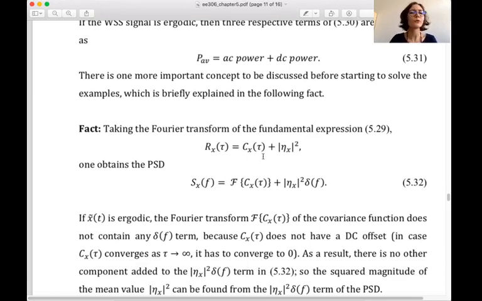The second term has some Fourier transform, the Fourier transform of Cx of tau, some function of f. And then you have this last constant term, which is going to appear as an impulse in the Fourier domain. The strength of that impulse is going to be the constant value, eta x squared.